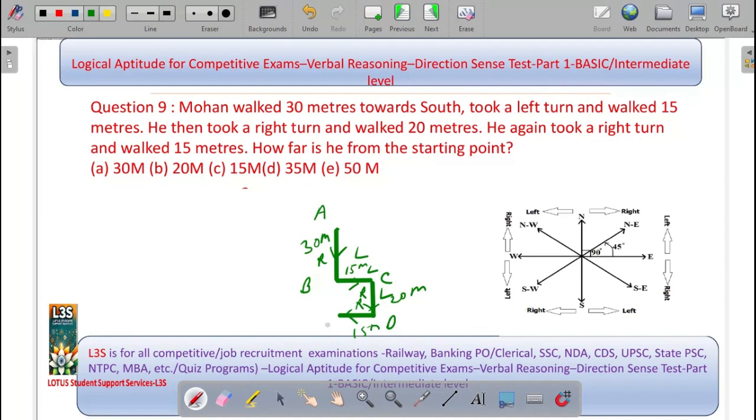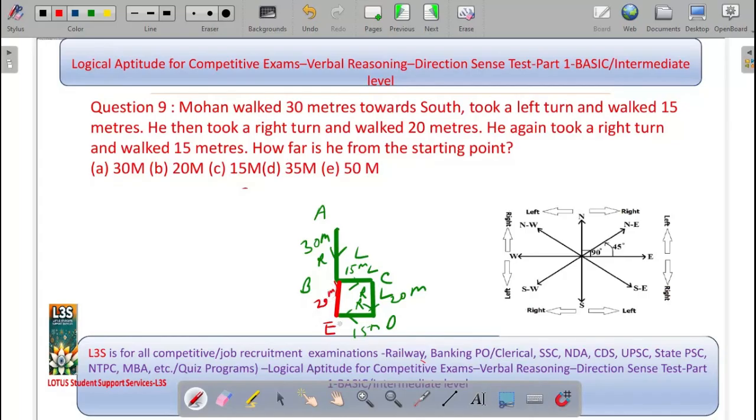How far is he from the starting point? So from the starting point, this is the imaginary line. Now here it is 30 meters and this is CD. So this is E. This is also 20 meters.